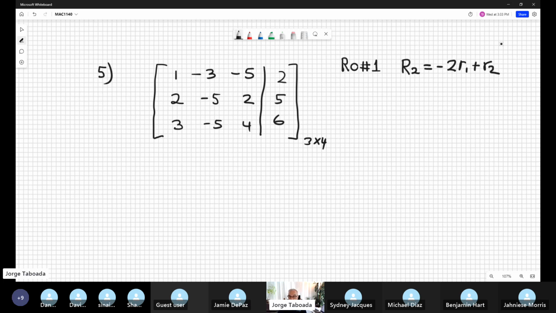So you are familiar, guys, with this notation. Now I call the original rows given in the matrix R1, R2, R3. However, I create a new one after the transformation.